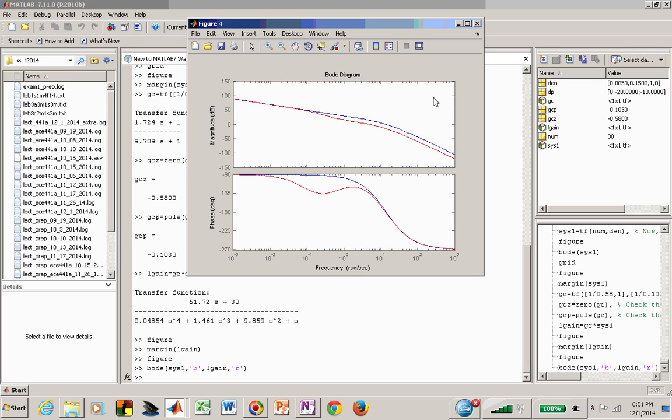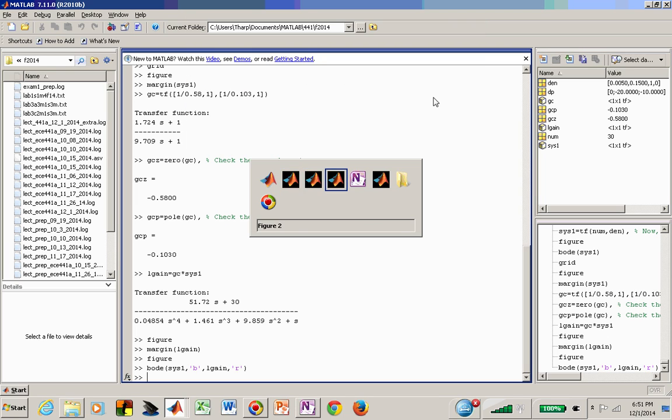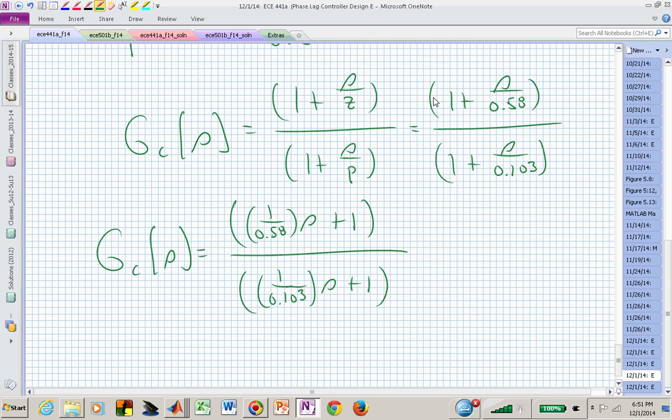And we have lowered the magnitude curve as indicated by red, the red curve being below the blue curve. But we were able to satisfy our design specs with this particular controller design, so we can now conclude or stop this design process.